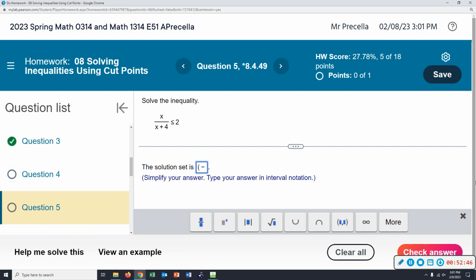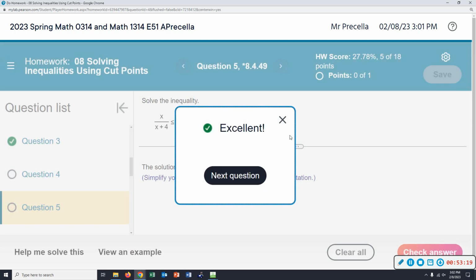So parentheses, negative infinity, comma, -8, square bracket, union, parentheses, -4, comma. Don't hit space keys. Hitting space keys sometimes messes up the format. Sometimes you hit the space key and it does nothing.